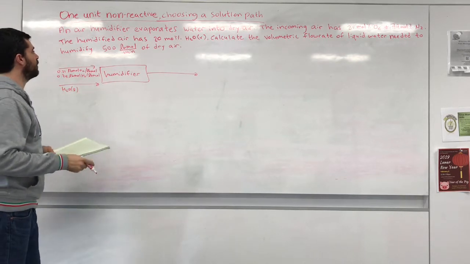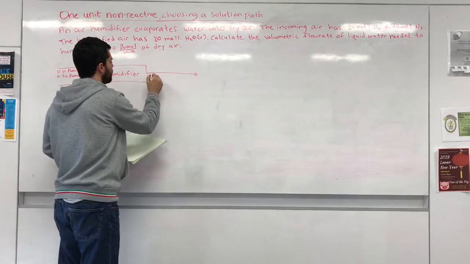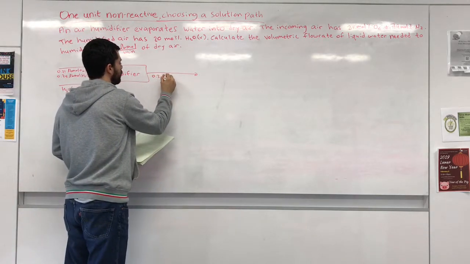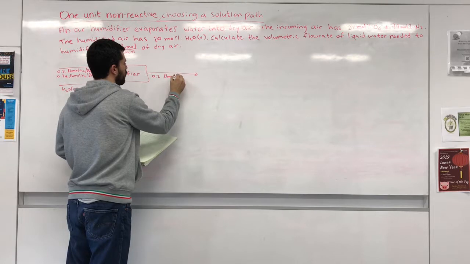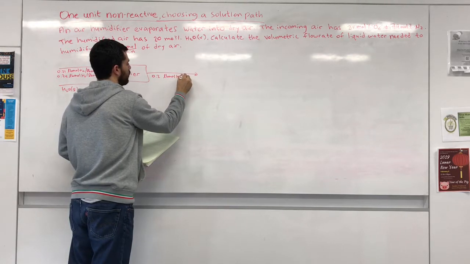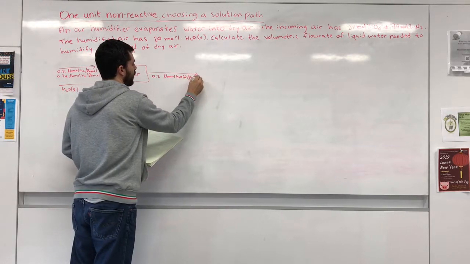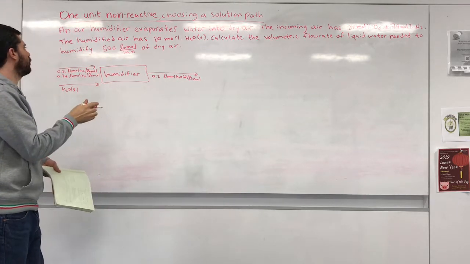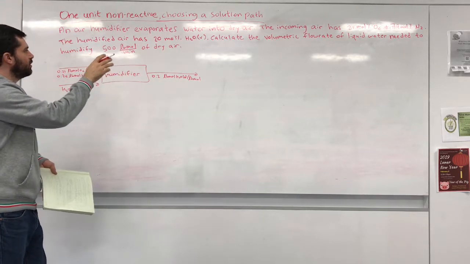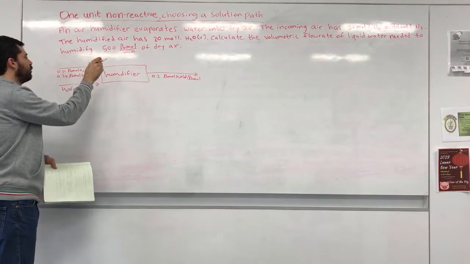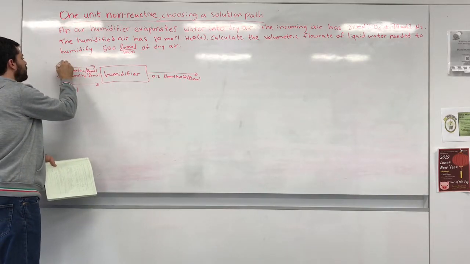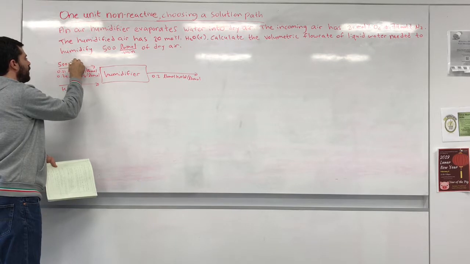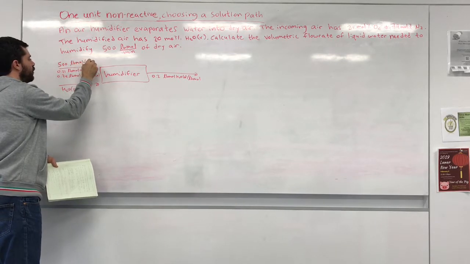And the stream that's coming out, we're told that it has 0.2 pound mole water vapor per pound mole. And that's basically what we're told. We're asked to humidify 500 pound moles per minute of dry air. So this will be 500 pound moles per minute.